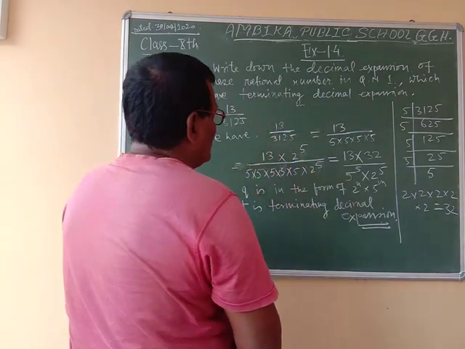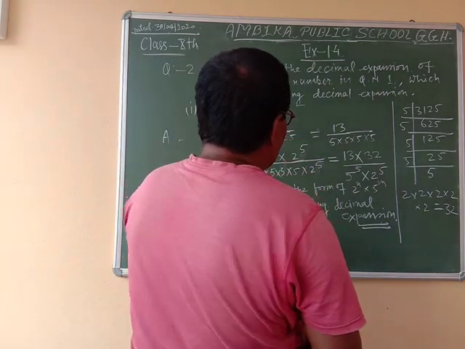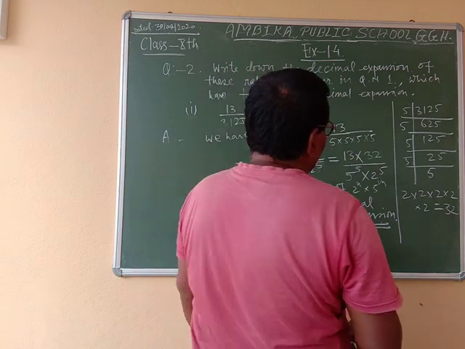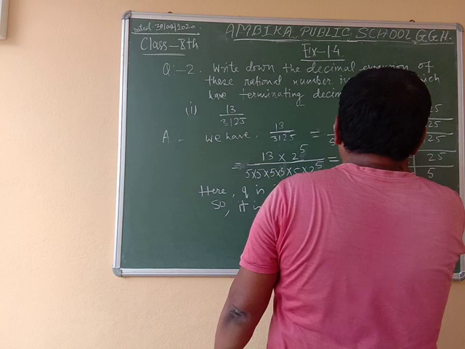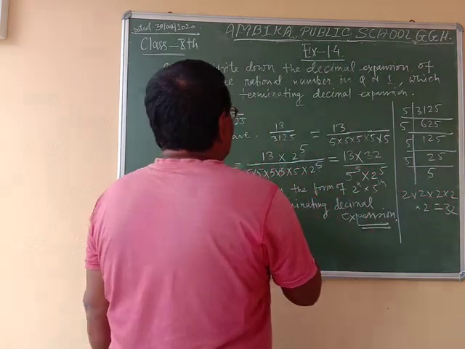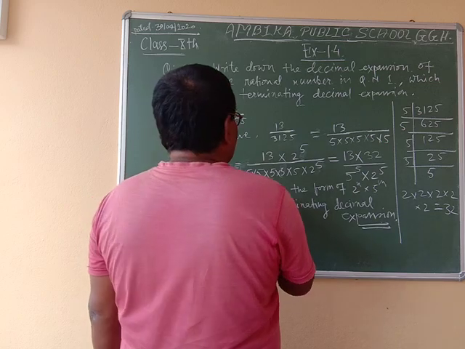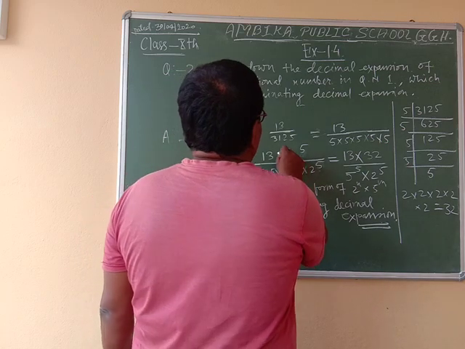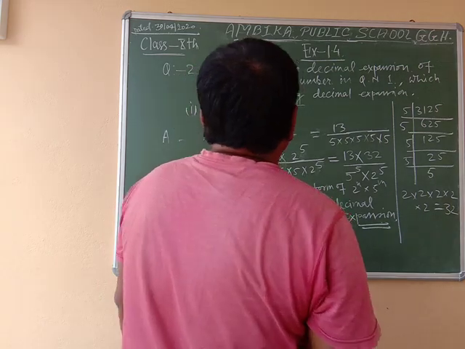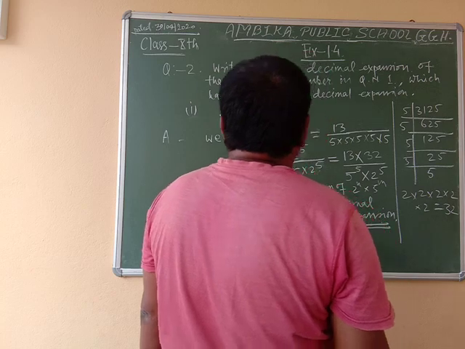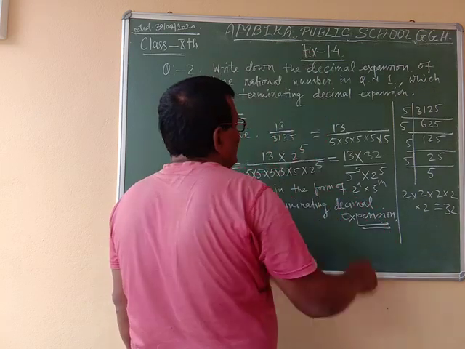The prime factorization of Q is equal to 5 into 5 into 5 into 5 into 5, so 13/5 into 5 into 5 into 5 into 5. Also multiply its numerator and denominator by 2 to the power 5.